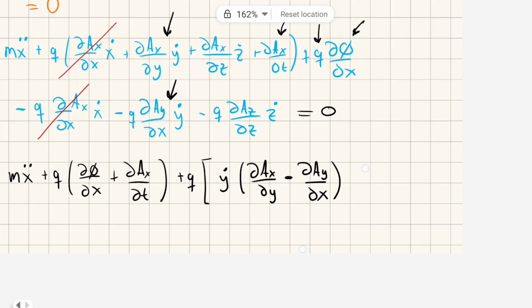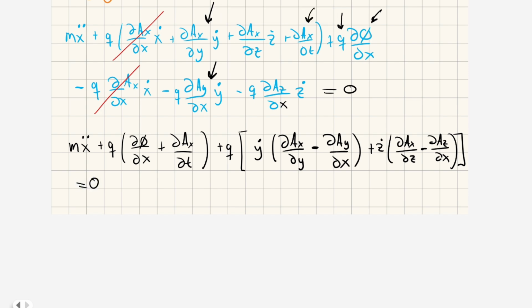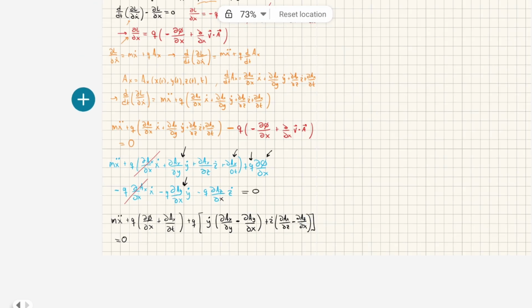And then we will have plus z dot times the derivative of ax with respect to z, minus the derivative of az with respect to, and here it should be an x, right? So with respect to x, and this is equal to 0. Okay, perfect.